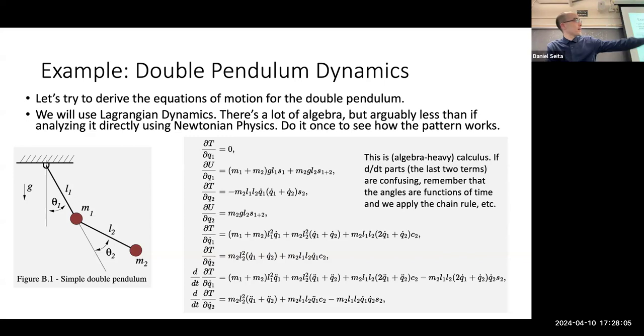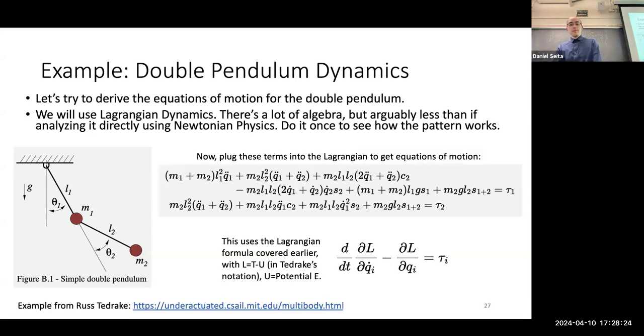Yeah, so remember, the whole point is you compute those, and then you can plug everything back in this equation. Now, given all the stuff from the prior slide, you plug those terms into here, and then you get your equations of motion.